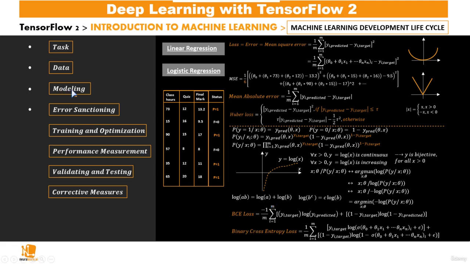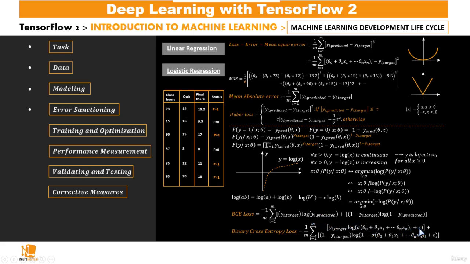Nonetheless, as we had seen in the section on modeling, for our classification tasks, or in this case binary classification tasks, because we just have two classes, hence the term binary, we have yi pred or yi predicted, which is the sigmoid of theta 0 plus theta 1 x1 up to theta n xn. So that's actually yi pred, which is this.